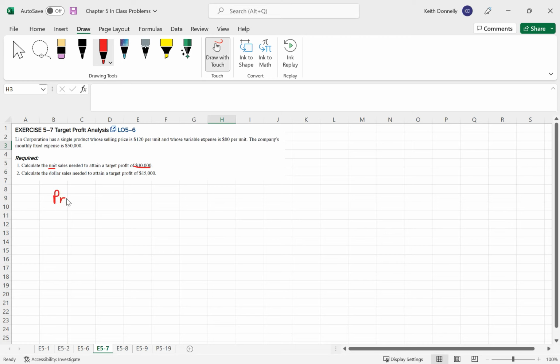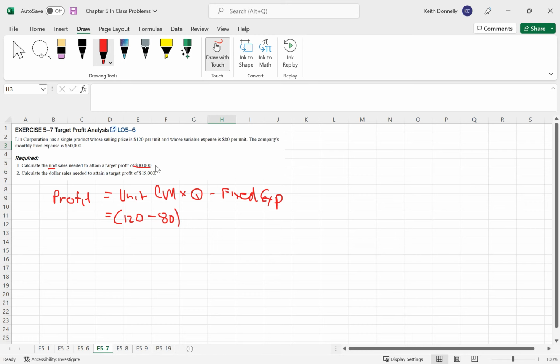Okay, right? So profit is going to equal our unit contribution margin times the quantity minus fixed expenses. Looks like here, right, we sell it for $120. We have $80 of variable expenses.